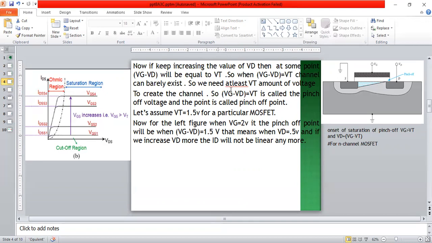So, if we put the value of Vg equals 2 volt here and Vt equals 1.5 volt here, we can find the value of Vd equals 0.5 volt. And the 0.5 volt is the voltage where the pinch off point occurs. And if we increase Vd more, Id will not be linear anymore.